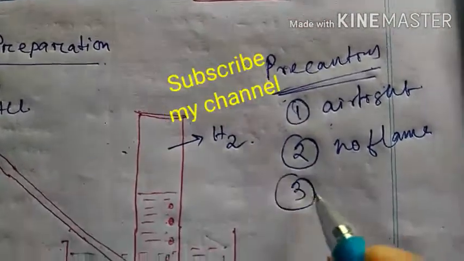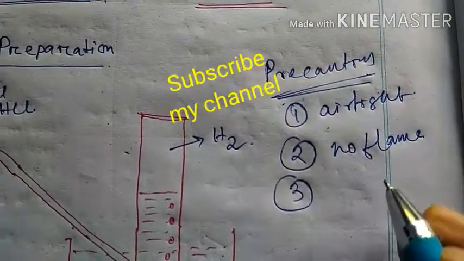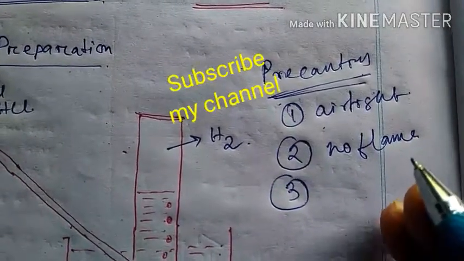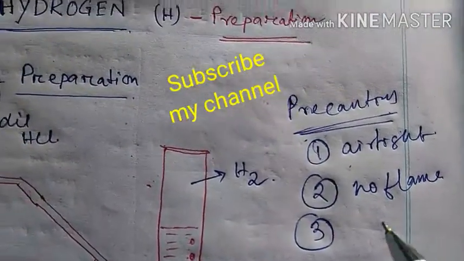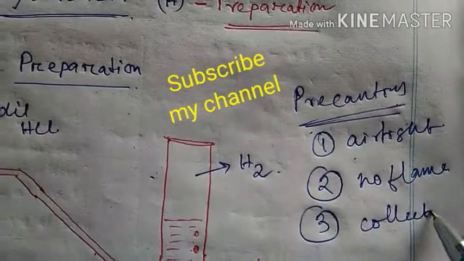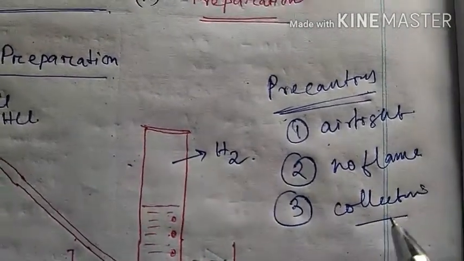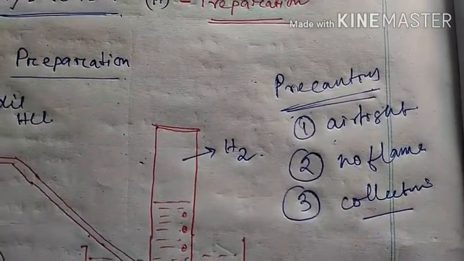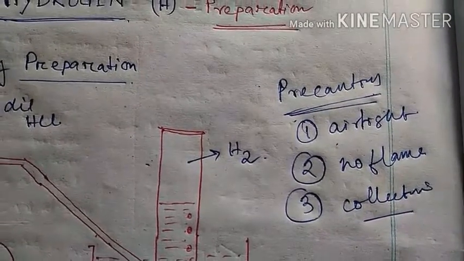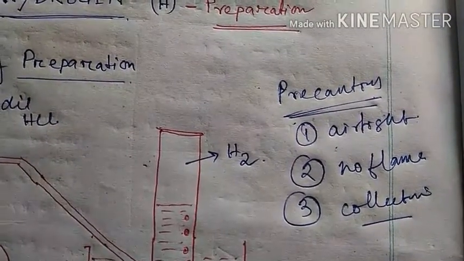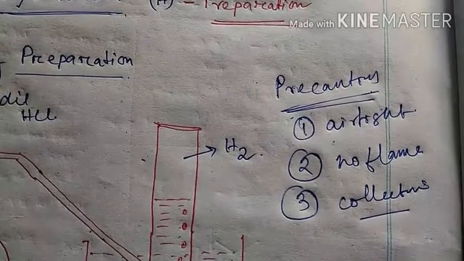Point number three, the gas should be collected only after all the air has escaped. Before collection, we need to be very cautious, because this can be ascertained by collecting some gas in a test tube and taking it to a flame.